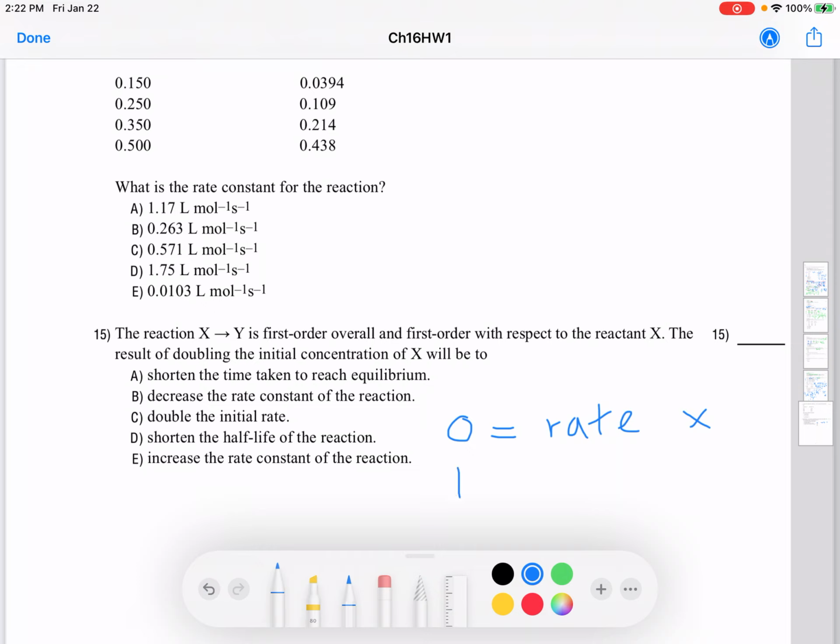If it is a first order reaction, doubling the initial concentration of A, the rate will double. And if it is a second order reaction, if you double the initial concentration, the rate would quadruple. So with that in mind, you can answer question number 15.